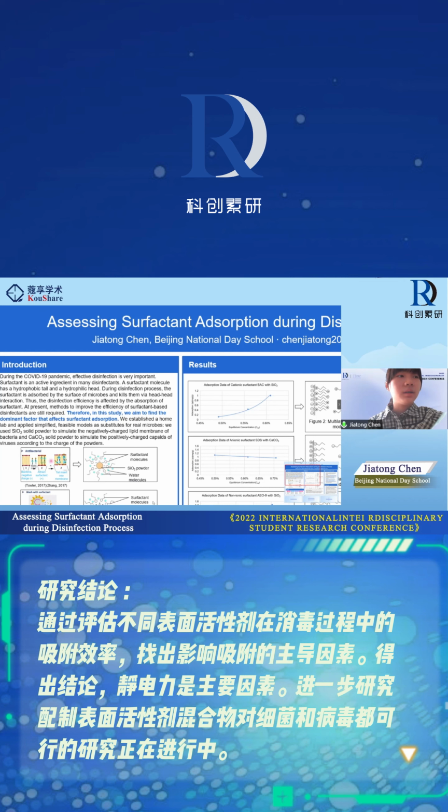A surfactant is a surface active molecule which can reduce the surface tension of a liquid. A surfactant molecule has an amphoteric structure, which means it has a hydrophilic or water-like head and a hydrophobic or oil-like tail. During the disinfection process, the surfactant molecule interacts with bacteria and viruses through a specific mechanism.